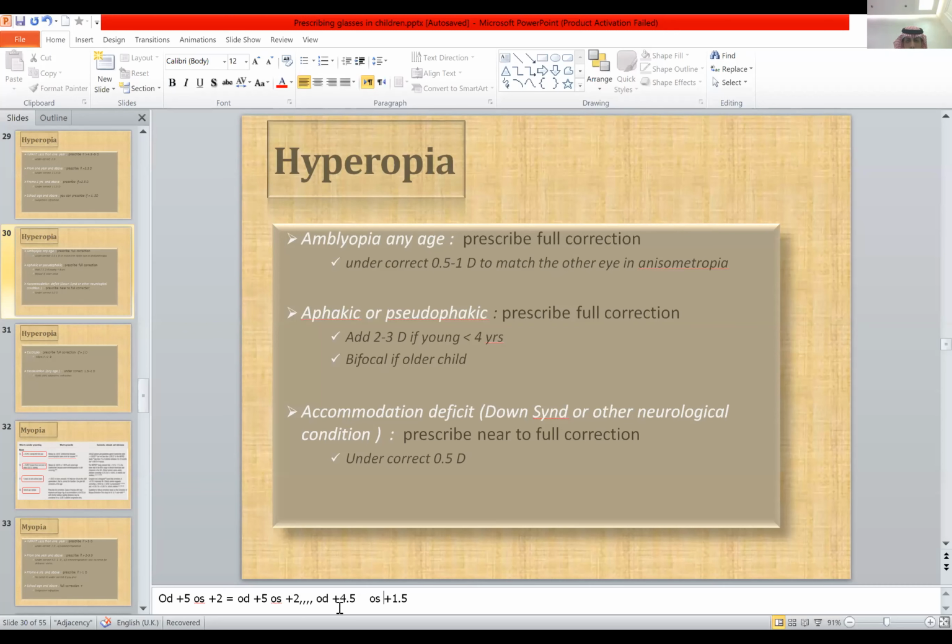We have to keep the anisometropic difference not decreased or not undercorrected significantly, because this will affect the accommodation. So, sometimes you can undercorrect half diopter. Here you undercorrect half diopter in the amblyopic eye prescription. Okay.